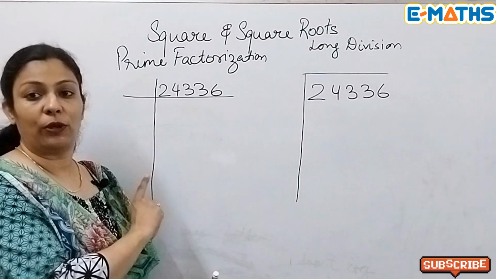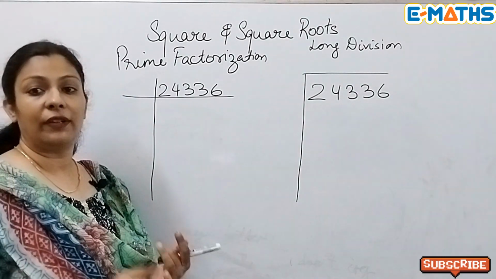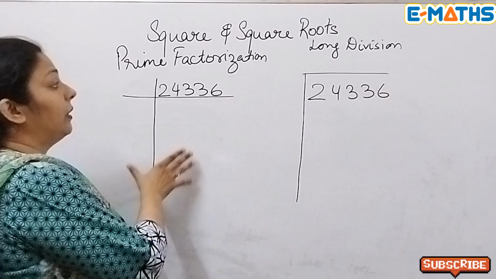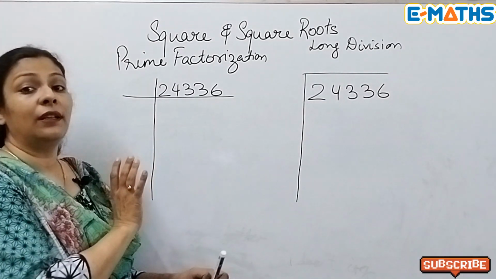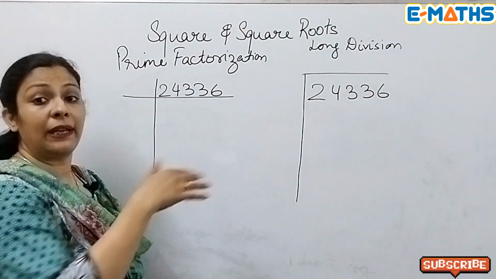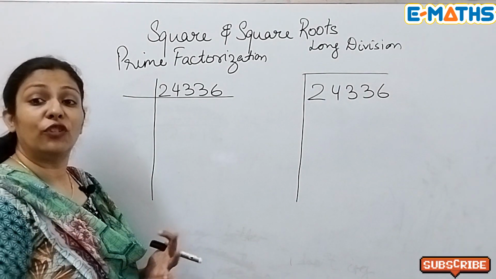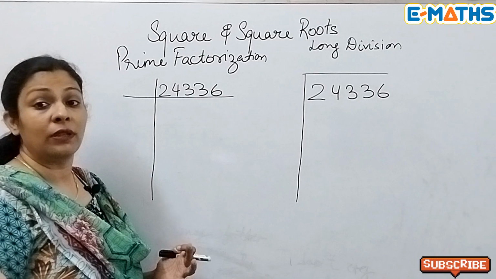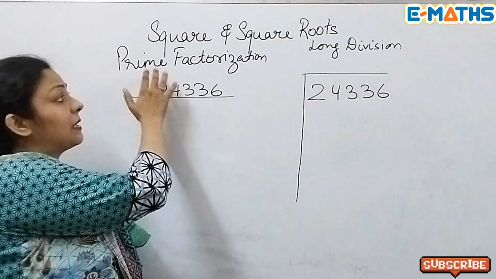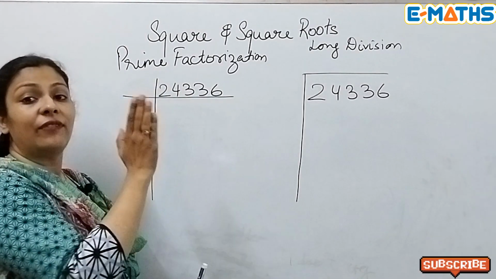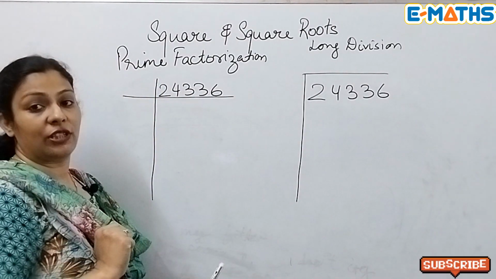This you all must be knowing because this is something which we use for finding HCF and LCM, and of course the common factors as well. Now for this prime factorization, one thing you must keep in mind is that you may find the number divisible by a large number like 4, 8, 12, but if these numbers are composite, you cannot take them, because the name suggests that in prime factorization you have to take prime numbers on the LHS.